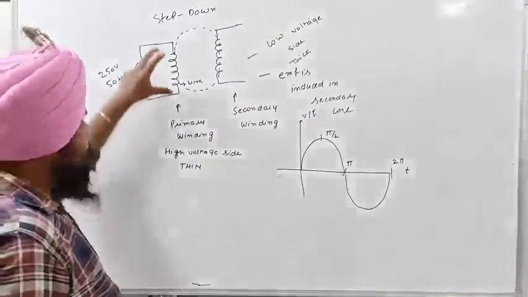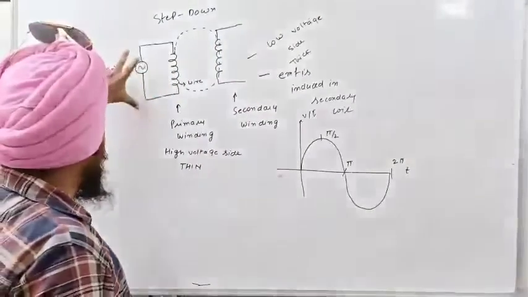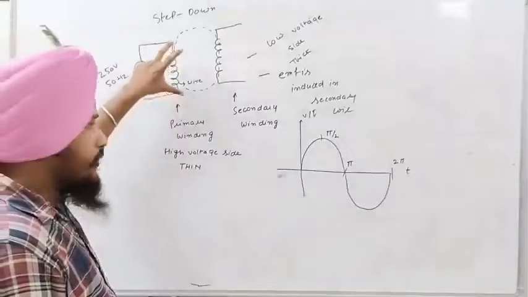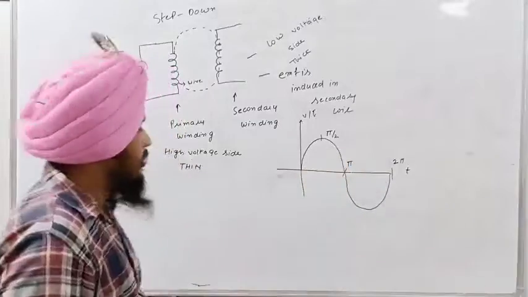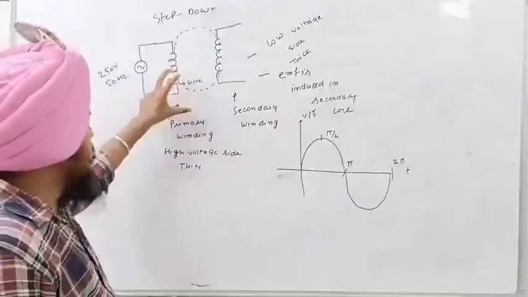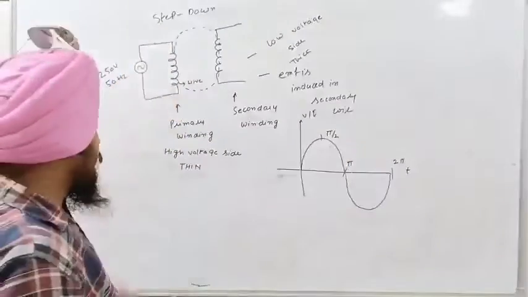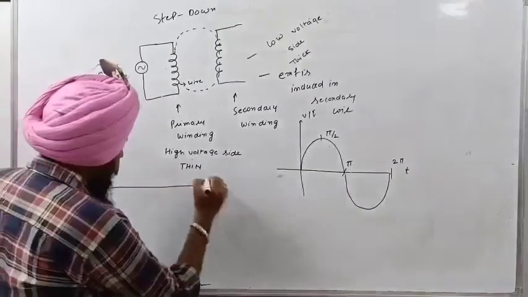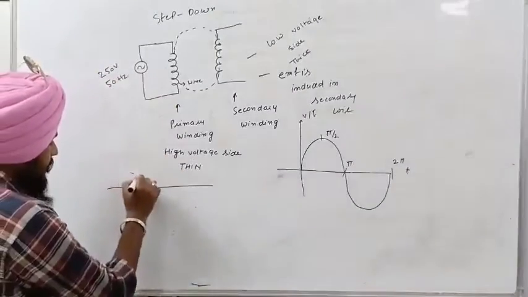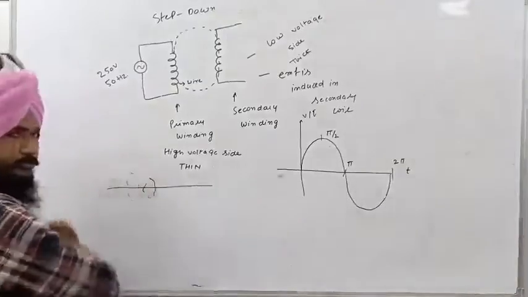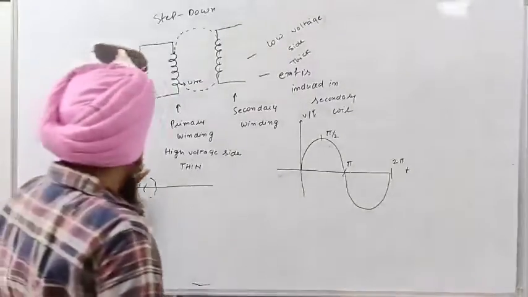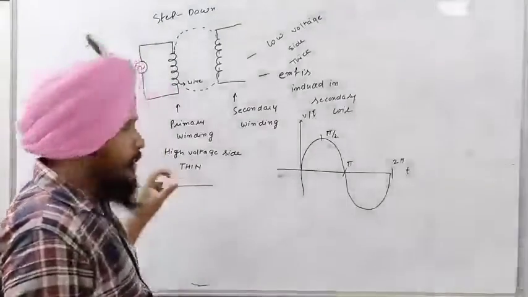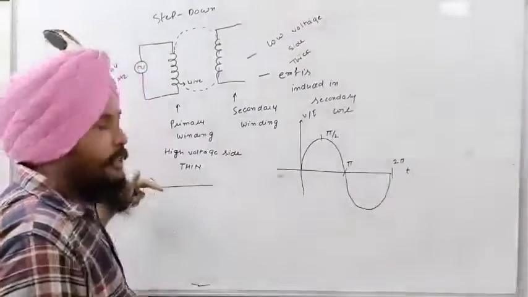Okay, first of all, AC will come. This AC is of alternating nature. This AC will produce magnetic flux. We know every current carrying conductor produces a magnetic field around it.